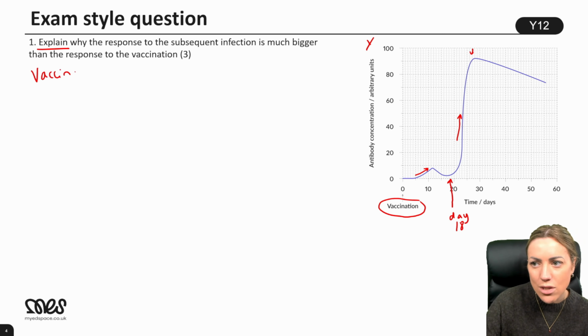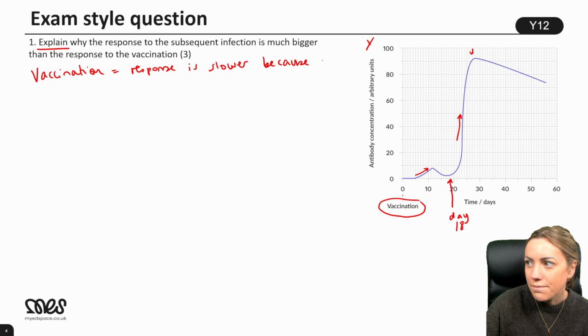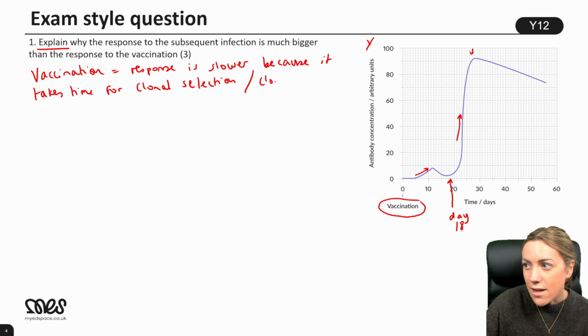So let's start by talking about vaccination. So following vaccination, we could say things like response is slower because it takes time for, we could say, clonal selection. We could say clonal expansion.